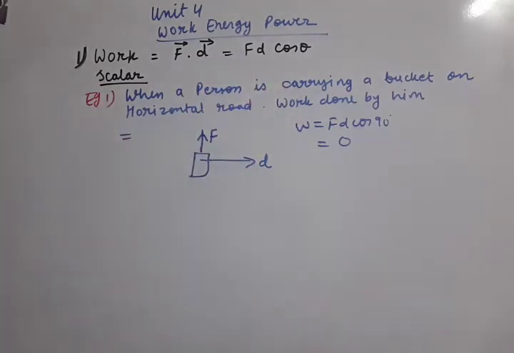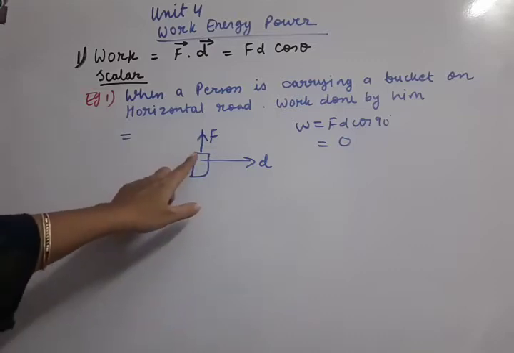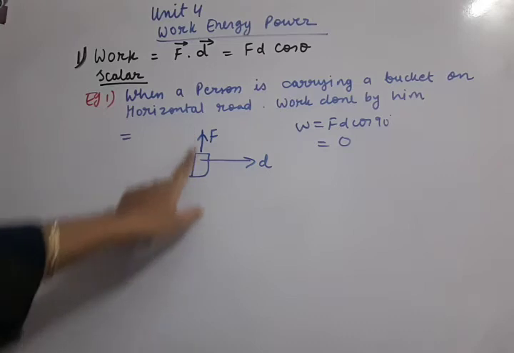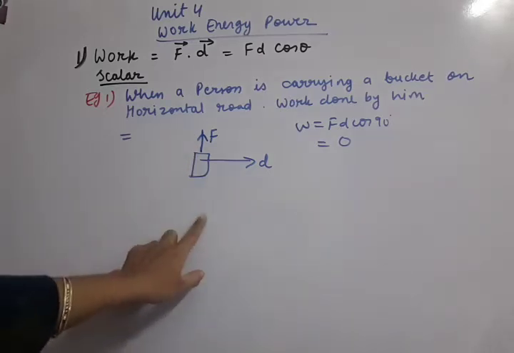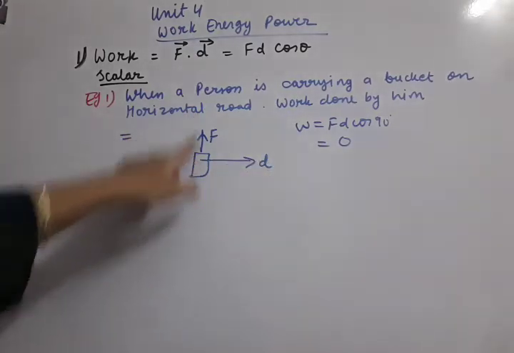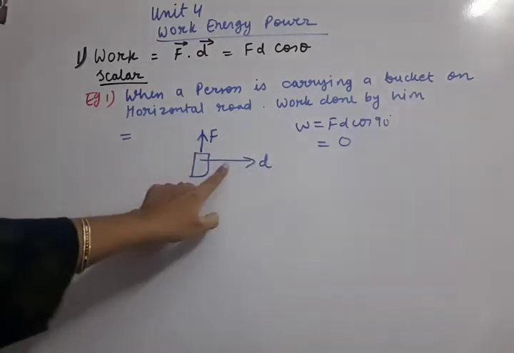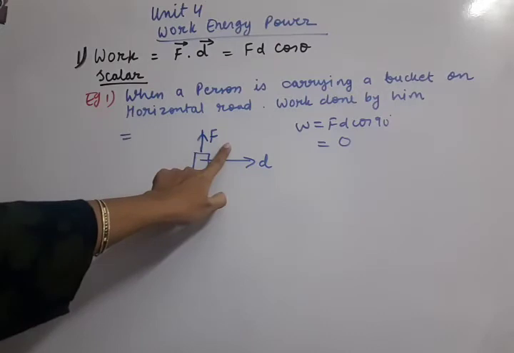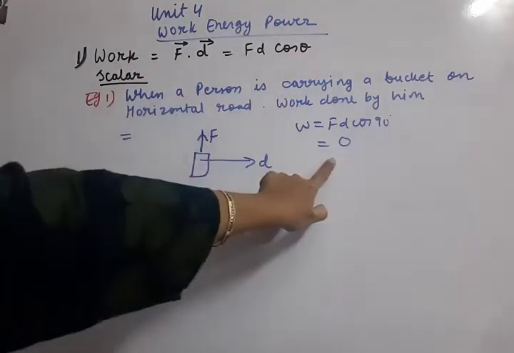In general speaking, we say that he is doing the work, but physics wise the work done by him is 0, because the force, or the weight of the load, will be vertical and displacement will be horizontal. So whenever the force is vertical and displacement is horizontal, the angle between F and D is 90 and cos 90 is 0. That's why the work answer will become 0.